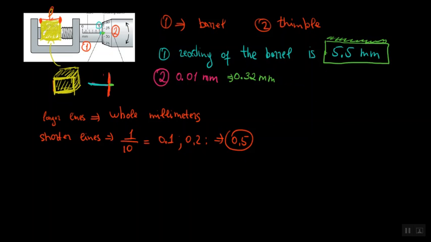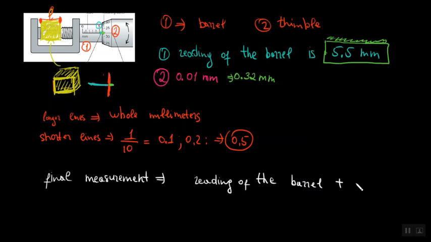All right, so what should I do here? I just have to add them together. Then the final measurement, I'm going to write at the bottom side. The final measurement is going to be the reading of the barrel plus the reading of the thimble. What was the reading of the barrel?